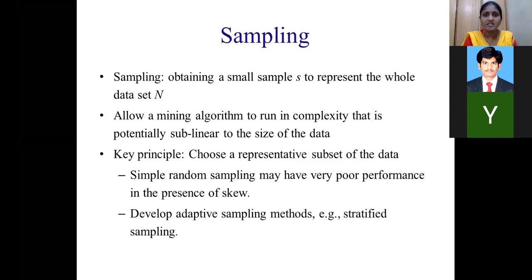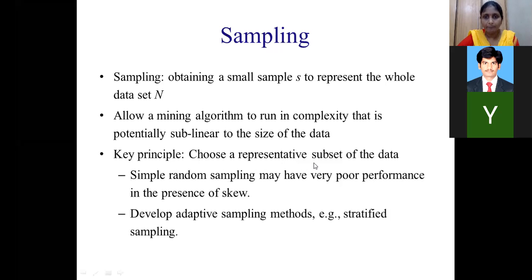For obtaining this sample S, we have some methods: simple random sampling with replacement, simple random sampling without replacement, and stratified sampling. These are the different strategies we discussed in the last class. That means here, what is the key principle?